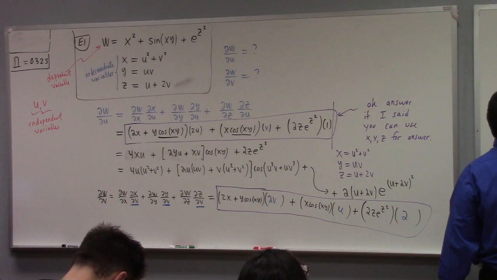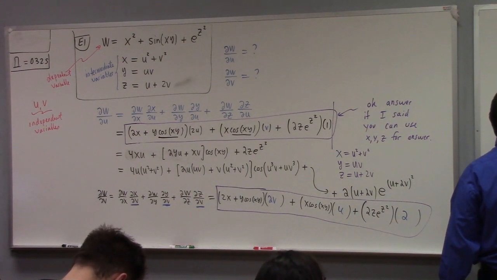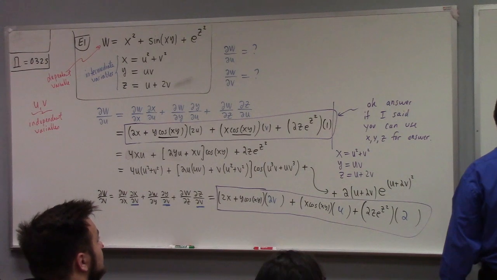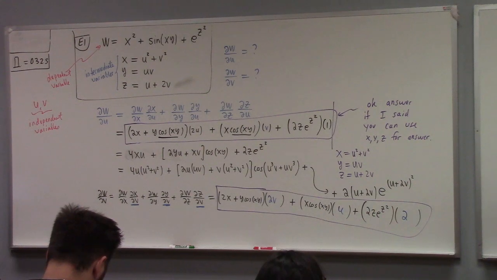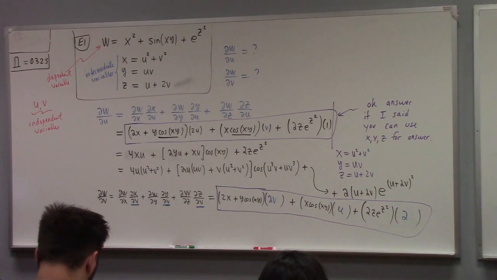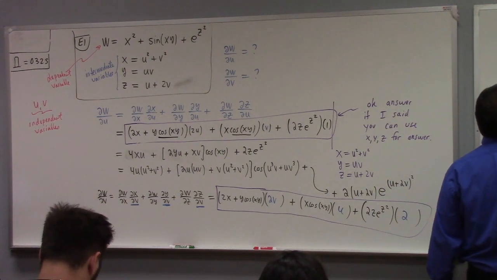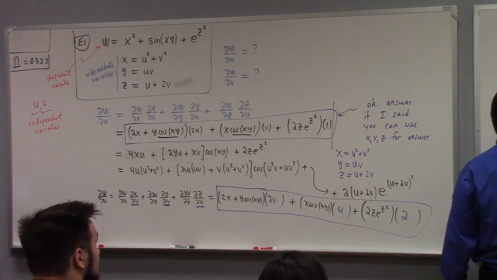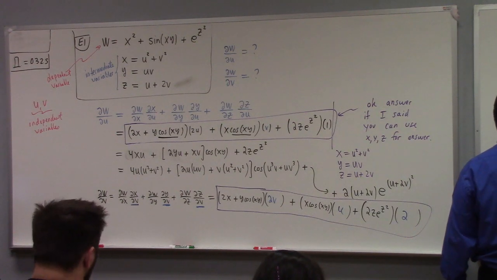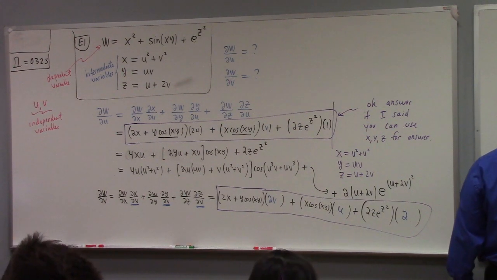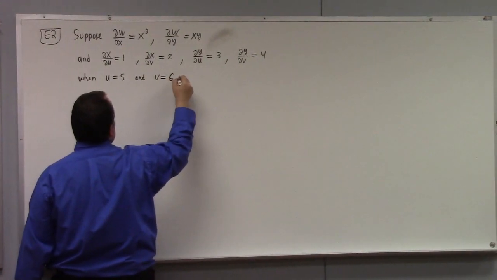And you've got that partial x, partial u is equal to 1, partial x, partial v is equal to 2, partial y, partial u is equal to 3, and partial y, partial v is equal to 4 when, let me think here, when u is equal to 5 and v is equal to 6. All right?